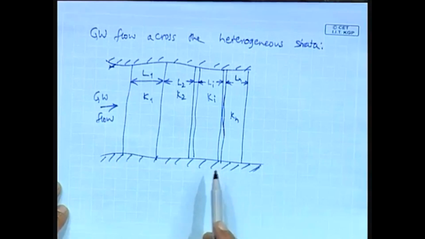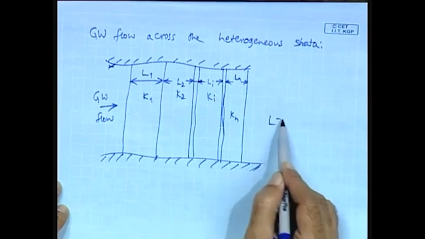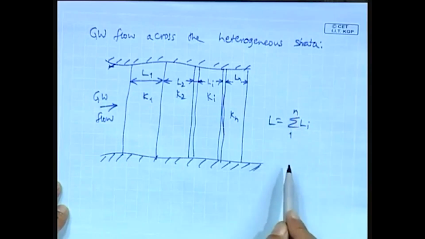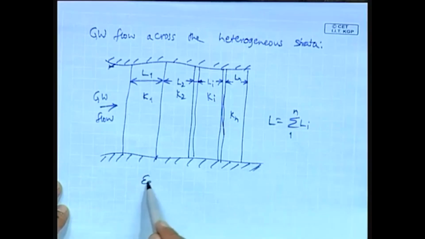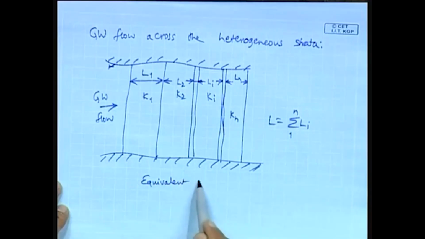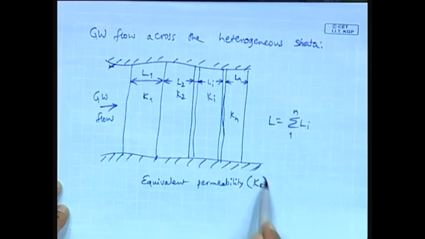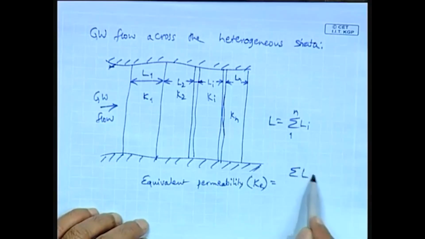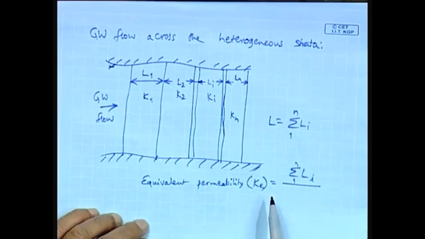So, in this case, the total flow length is given by L equal to summation Li, 1 to n, and the equivalent permeability, that is Ke, is given by summation Li, 1 to n, divided by summation 1 to n of Li by Ki.